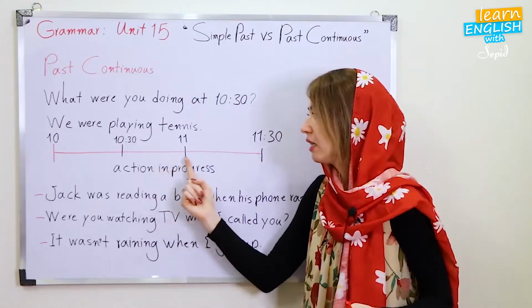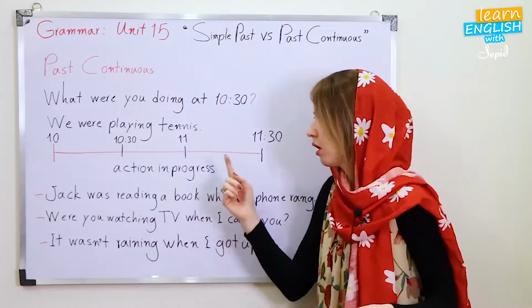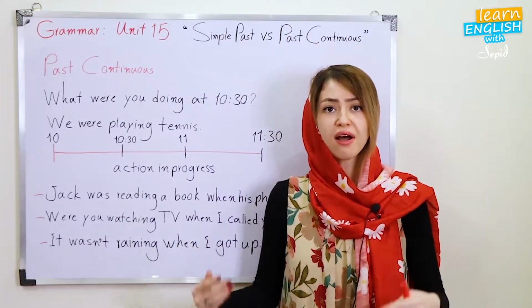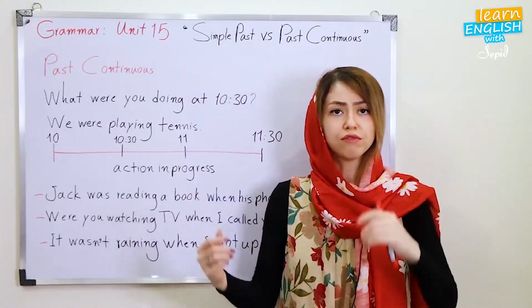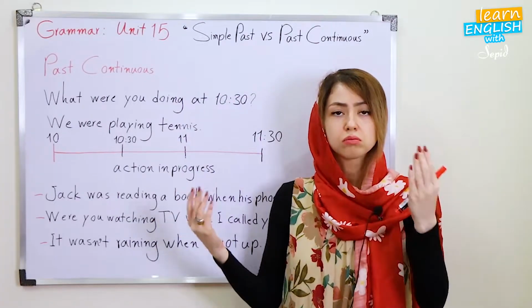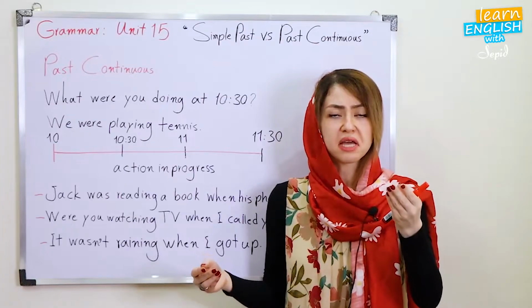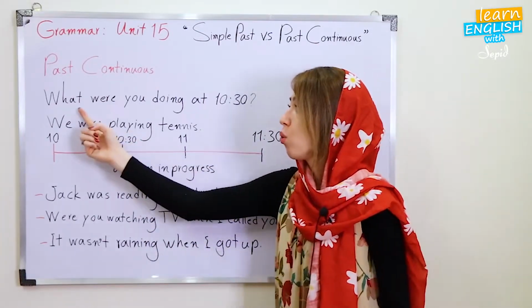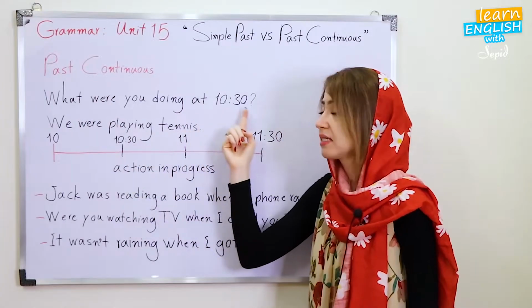Okay? Again, at 11, she didn't call me back. At 11:30, she didn't call me back. Finally, at 12, or for instance, at 1 p.m., she calls me, okay? And I say, what were you doing at 10:30?